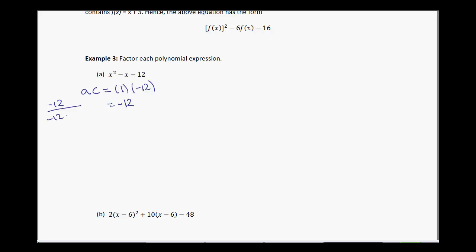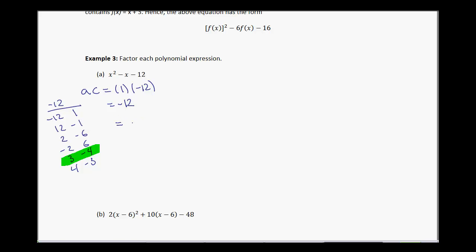Let's see, we have negative 12 and 1, 12 and negative 1, 2 and negative 6, negative 2 and 6, 3 and negative 4, and 4 and negative 3. Of these choices, I think the best suited here will be 4 and negative 3, multiplying to negative 12 and adding to negative 1.